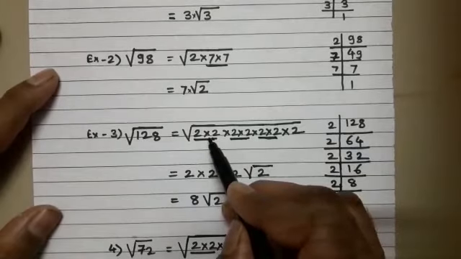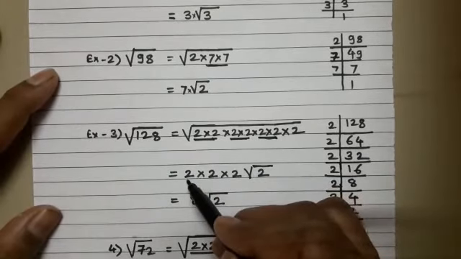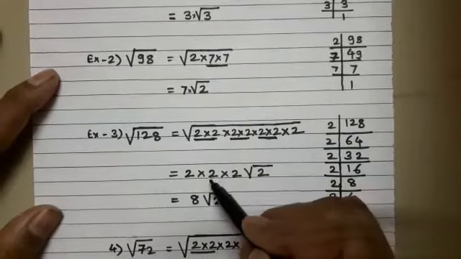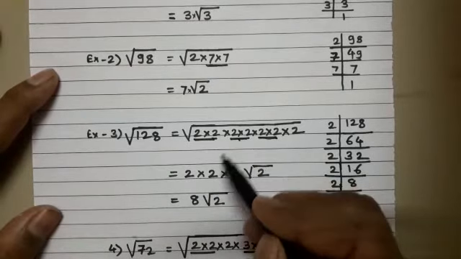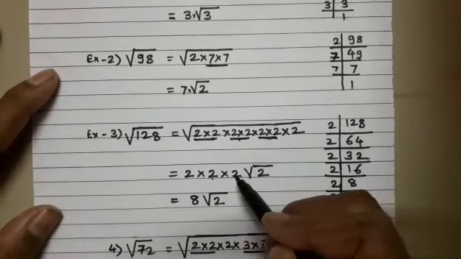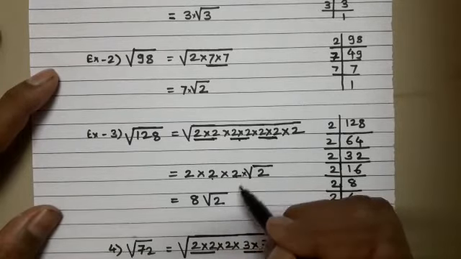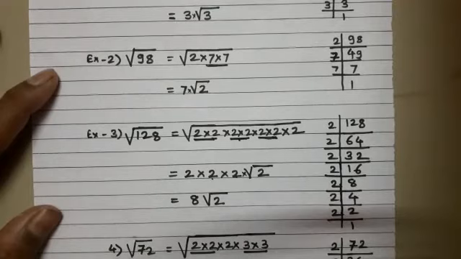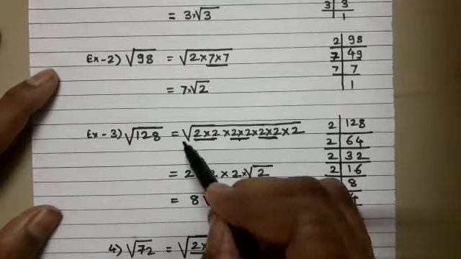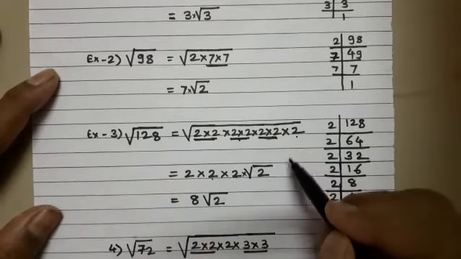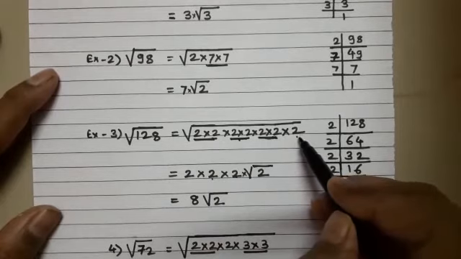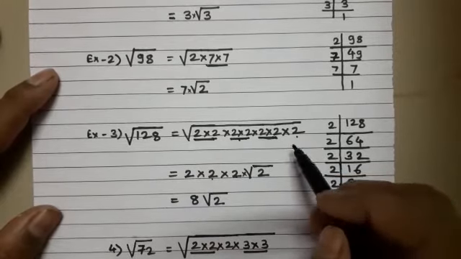Now for each group take a single outside of the square root. For this group take a single. For this group take a single. All are in multiplication, and the multiplication sign is here also. The square root remains with this 2, which does not form a pair with any other.